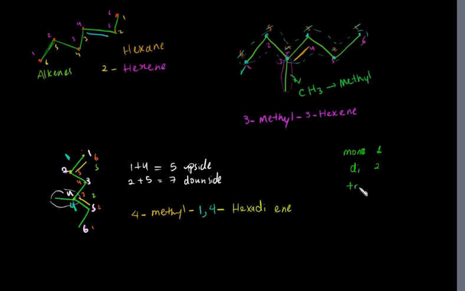Then we have tri, which represents 3. Then we have tetra, which represents 4. Then we have penta or pent, and this represents 5, and so on.